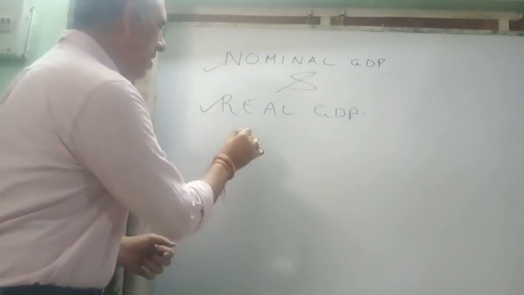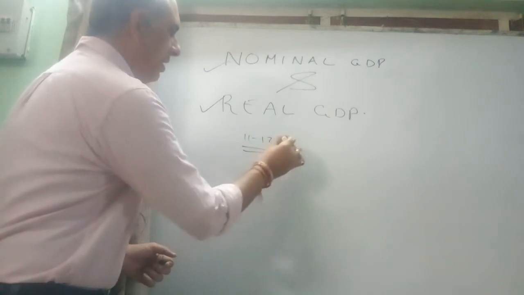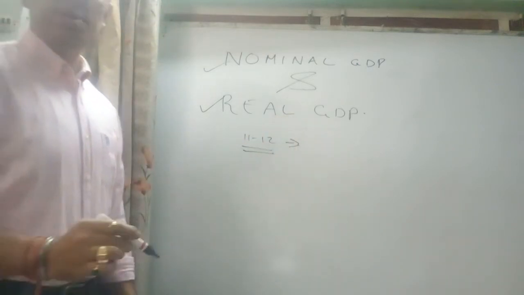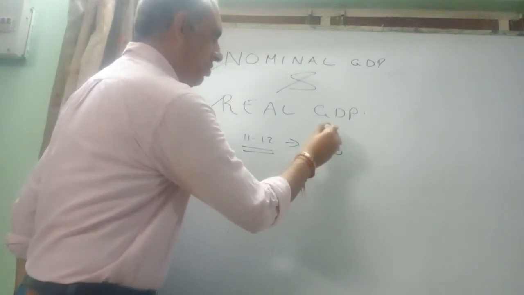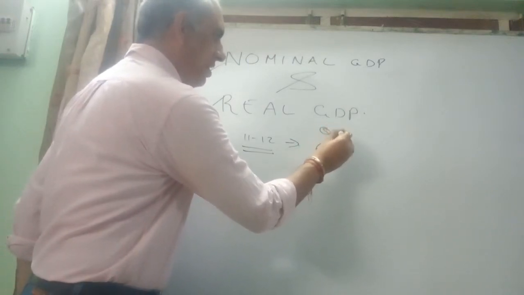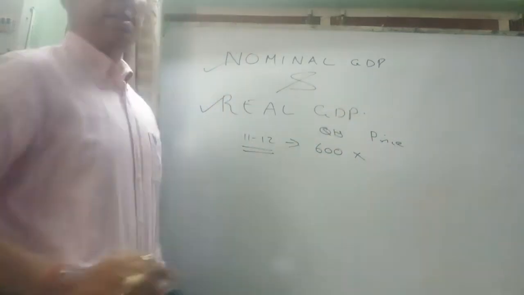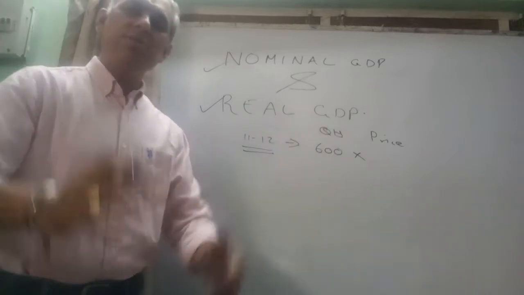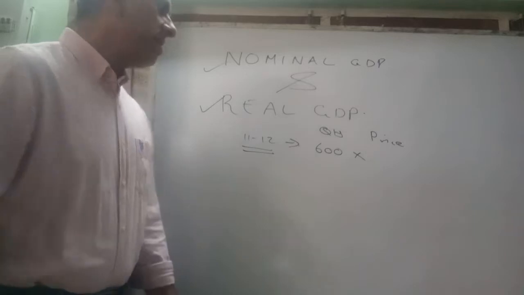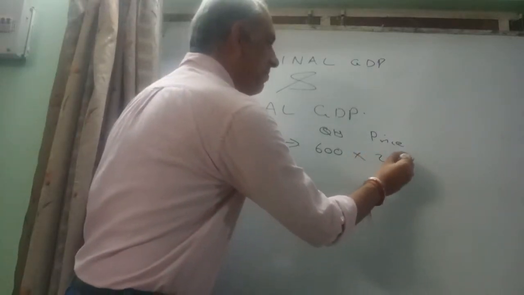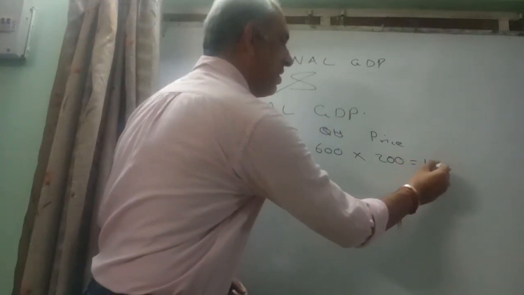Suppose in an economy, in the year 11-12, they produced 600 units of goods, represented by quantity, and the price of each unit. However, they have produced varieties of goods and services, but for simplicity, we are going to take only 600 units, all produced at an average price of 200. So that will give me the answer as 1,20,000.